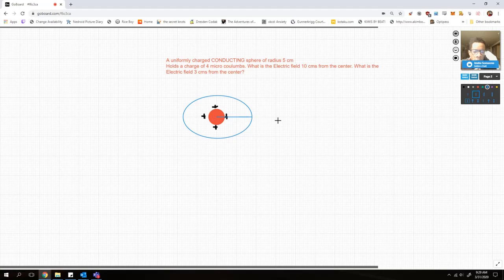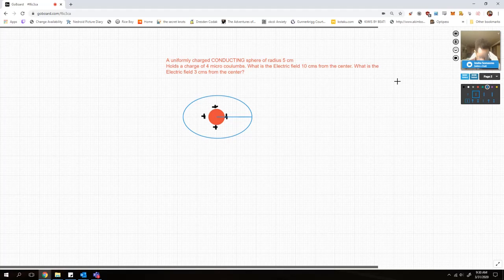All right, so this radius here is 10. And now I can write Gauss's law. So I've drawn my Gaussian sphere, which is this blue circle of radius 10 around my physical sphere. And now I can apply Gauss's law.